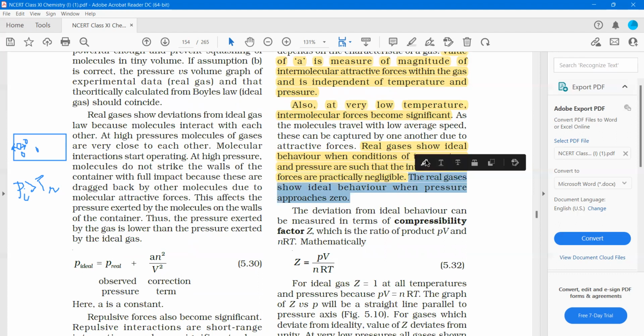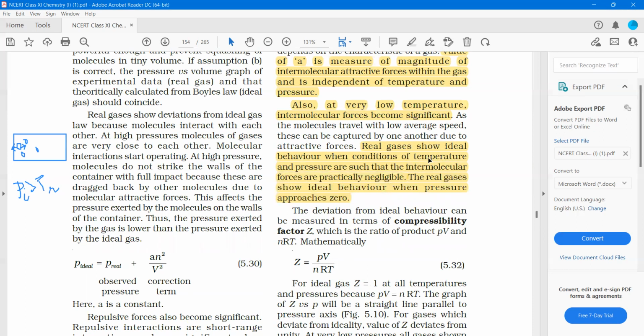When the pressure is close to zero, gases are far apart. That is why you can consider that the volume of the gas molecules is negligible in comparison to the volume of the gas. And also at very high temperature, intermolecular forces of attraction are also kind of zero. So real gases show ideal behavior when the pressure approaches zero.